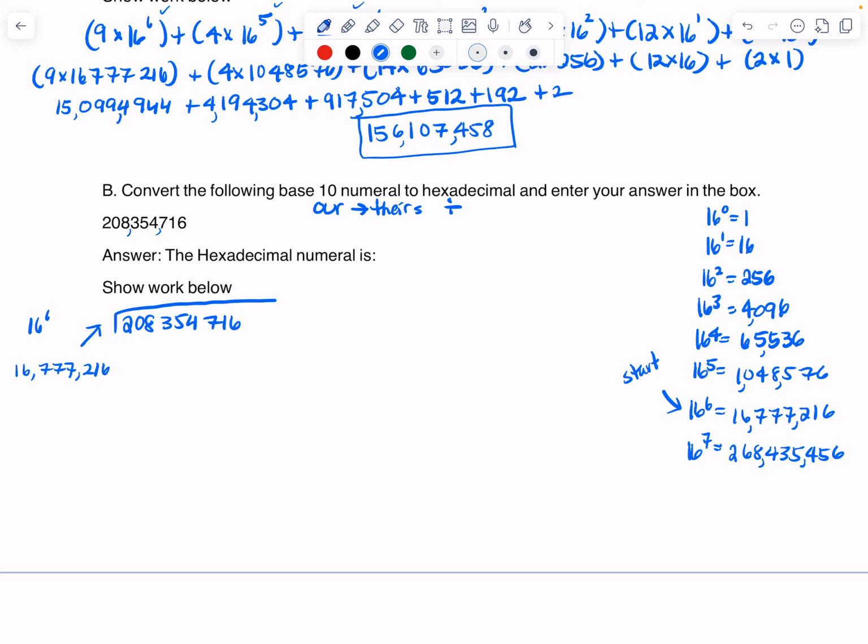So I'm dividing these two. So 208,354,716 divided by 16,777,216. And when I do that, I get 12.41 blah, blah, blah. So I'm going to ignore that because remember I want to find the remainder.